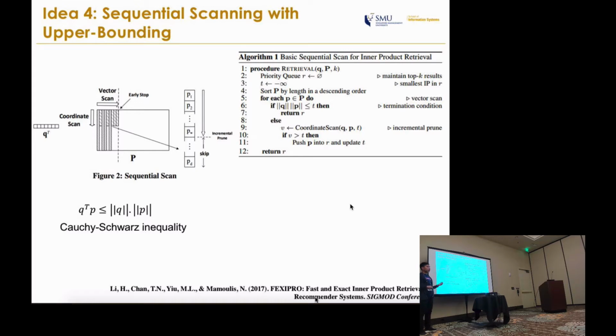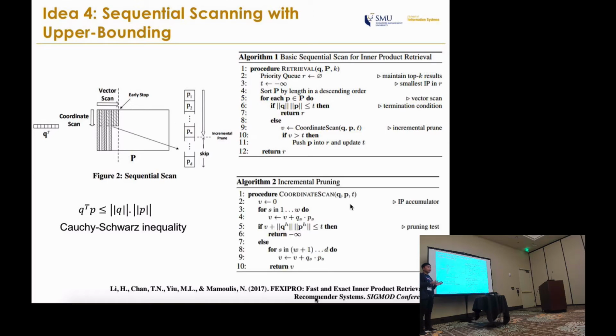So this branch and bound approach is to have you reducing the number of candidates that you need to do exact inner product computation by maintaining an upper bound for inner product search.